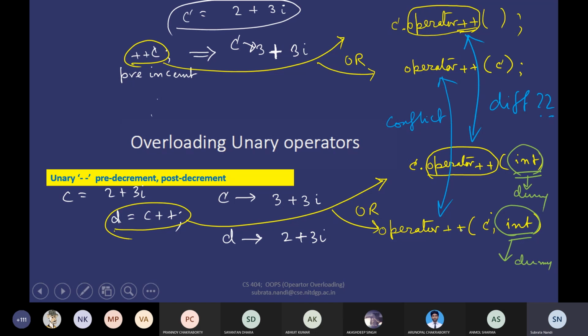So there should be some tie breaking or some mechanism through which the compiler can distinguish between these two. So now if you add this dummy integer, in this case it will be just having one integer, in this case apart from C it will have the integer. So this dummy integer helps the compiler to distinguish between these two conflicts or to avoid the conflicts. Is that part clear?